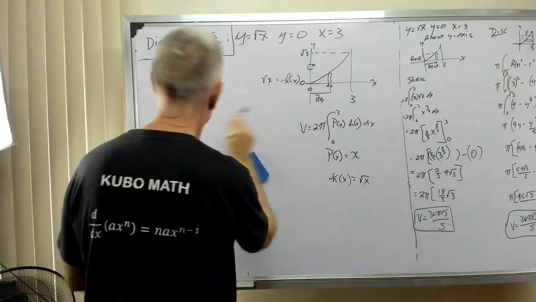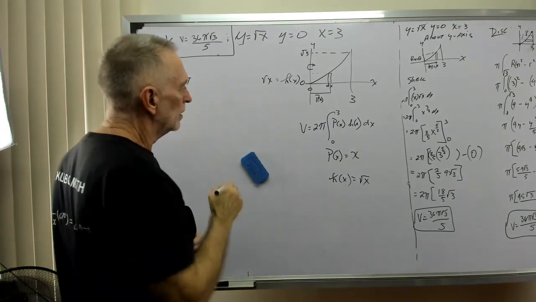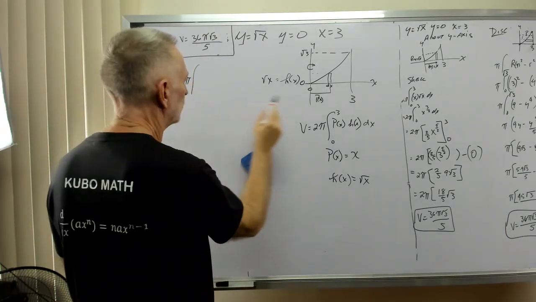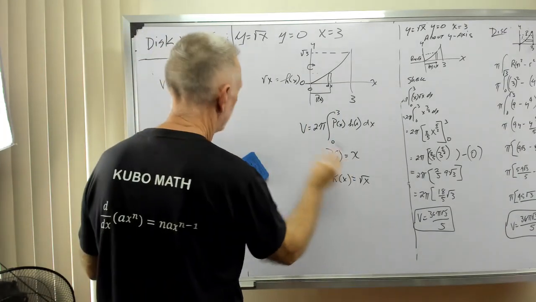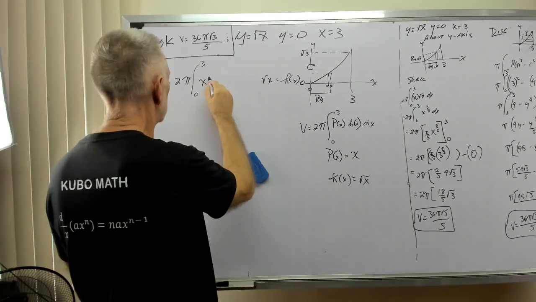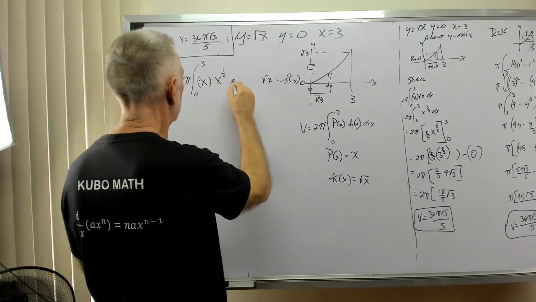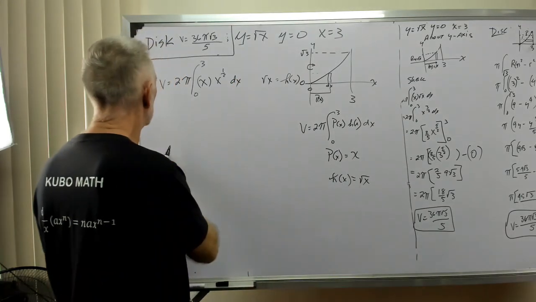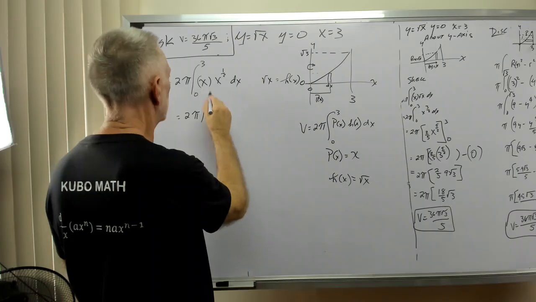So now I have my volume equals 2 pi times the integral from 0 to 3 of P of x, which was x, times square root x, which is x to the 1/2 dx. So that equals 2 pi, the integral from 0 to 3.